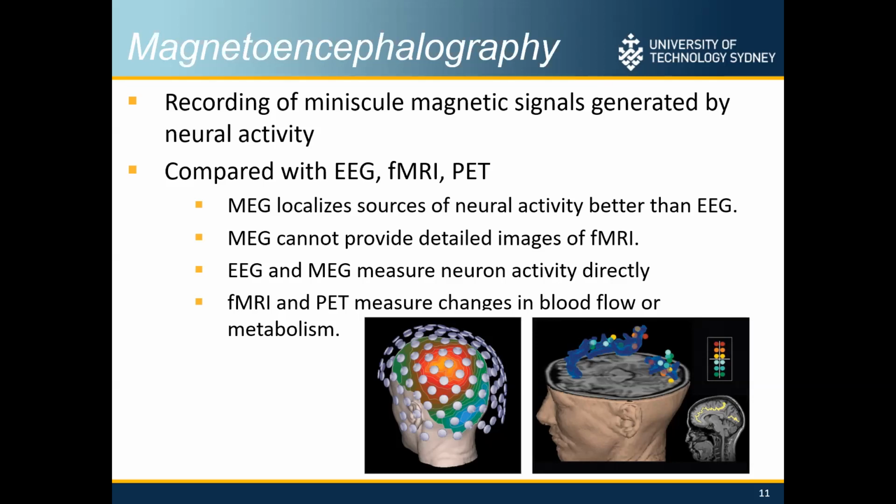Of course, the use of an EEG or the MEG has its own advantages and disadvantages, okay? And looking at the points here, they're just showing you guys what is associated with the use of the MEG, okay? So in this case, MEG localizes sources of neural activity better than in EEG.